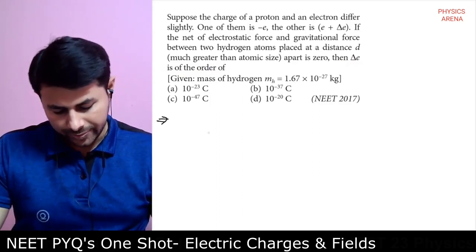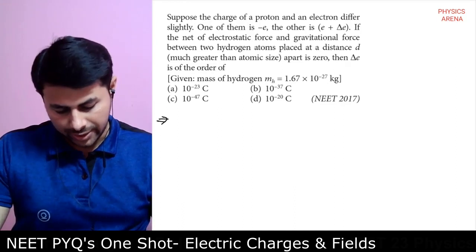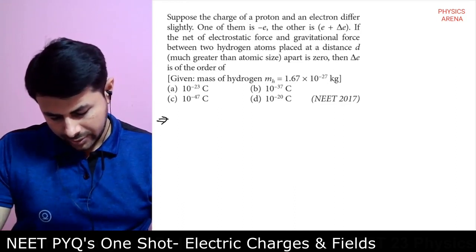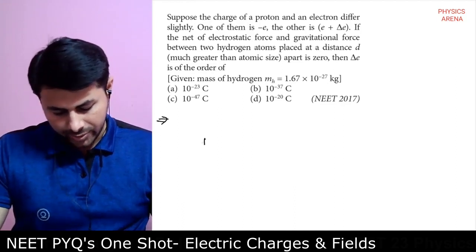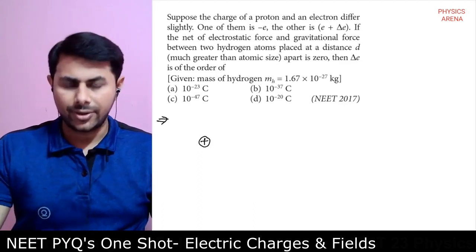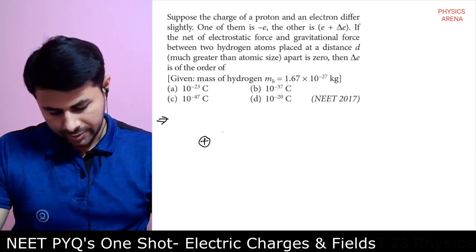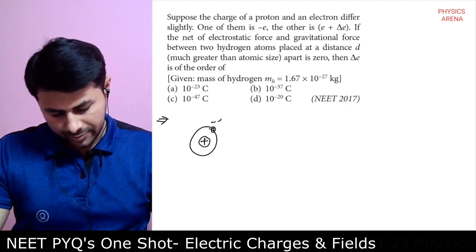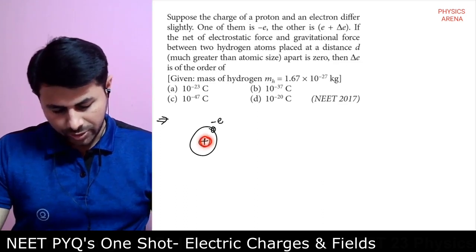You have two hydrogen atoms. A hydrogen atom has a proton and an electron, and this is the first hydrogen atom. So how much is the charge on the proton?